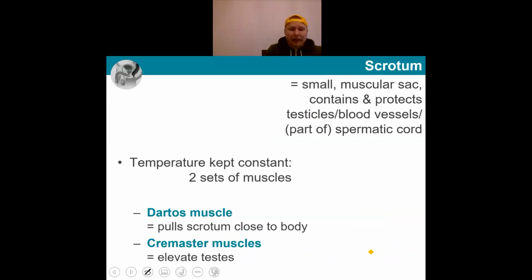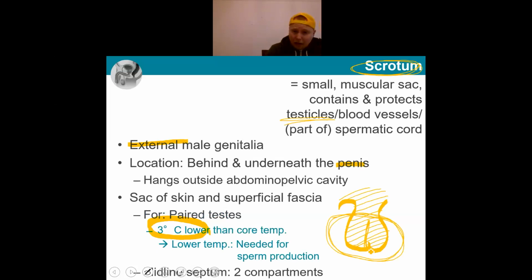There are 2 muscles that play a role in controlling the elevation of the scrotum and the testis. So if we have a hot day, they hang lower. On a cold day, in cold conditions, they might climb up, for example, in cold water and so on.